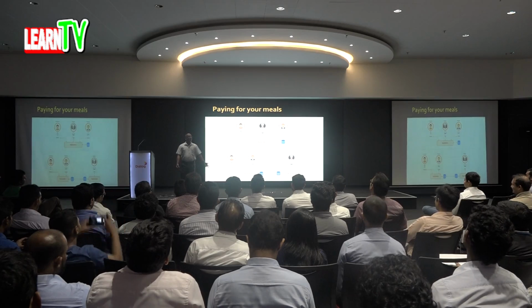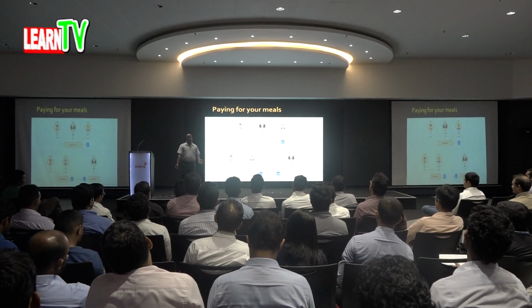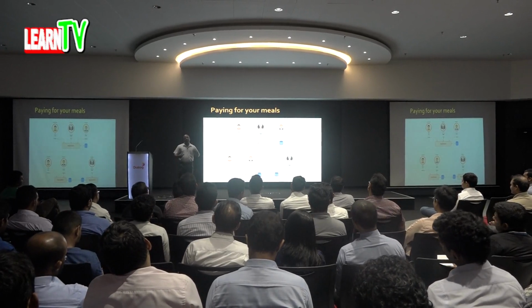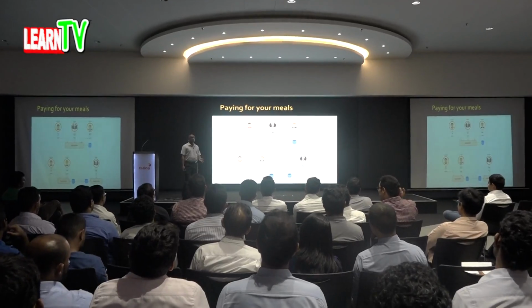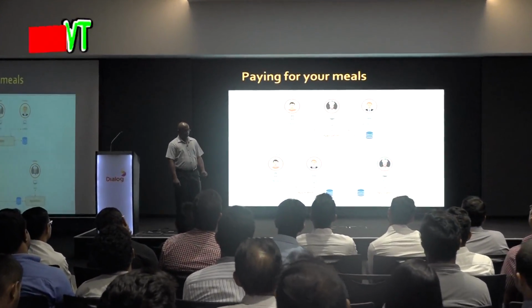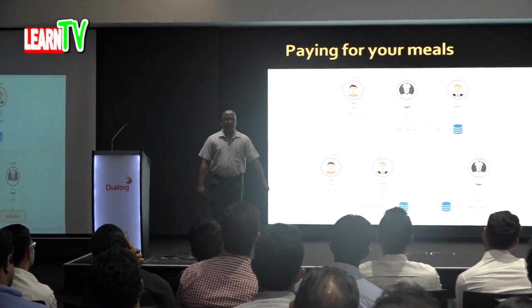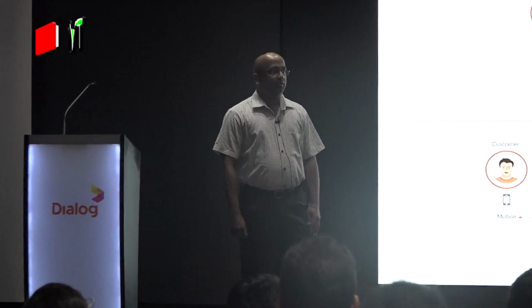So what we tried to do was take this use case and build something around it, so that we could get some hands-on experience with blockchain. The idea was that you go up to the cafe, order your meal, and tell your employee ID to the vendor, who enters it into their system.